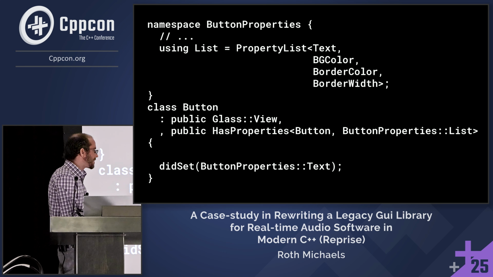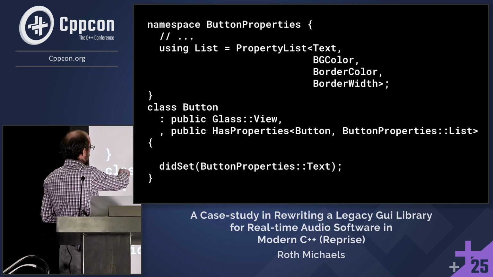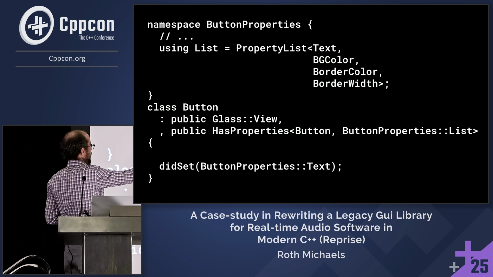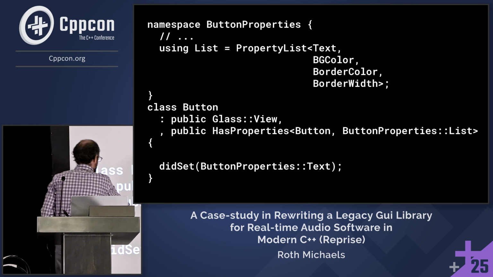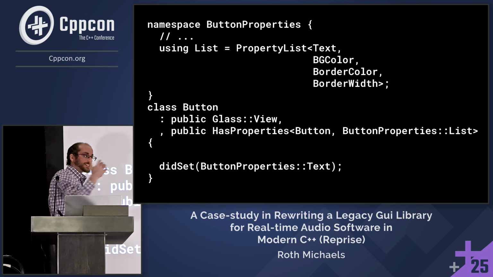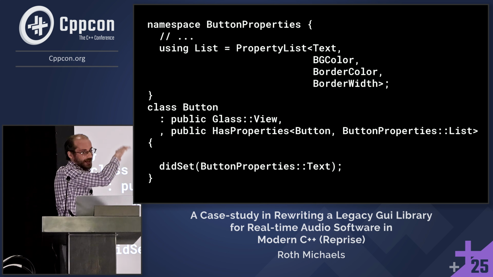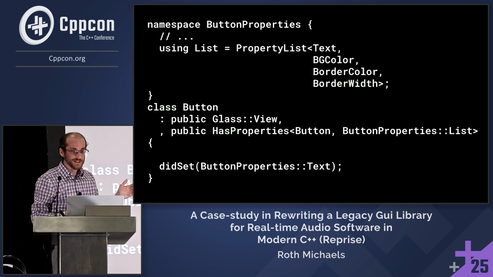I'd have to really dig into the standard to understand why, but essentially when you're using CRTP, when I pass that button in, at that point in time, other member types, like if I had that using list in here, it's not there yet. Unfortunately. So that's why we have to put this in this other namespace. Again, meta classes would make it work how I want, but this is good enough for now.